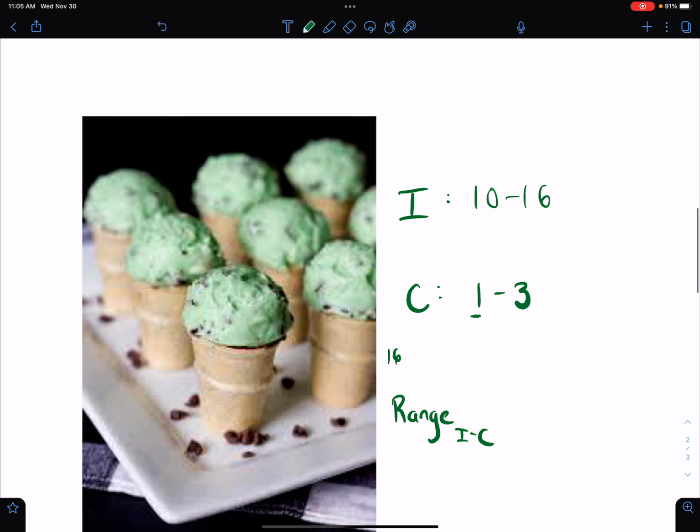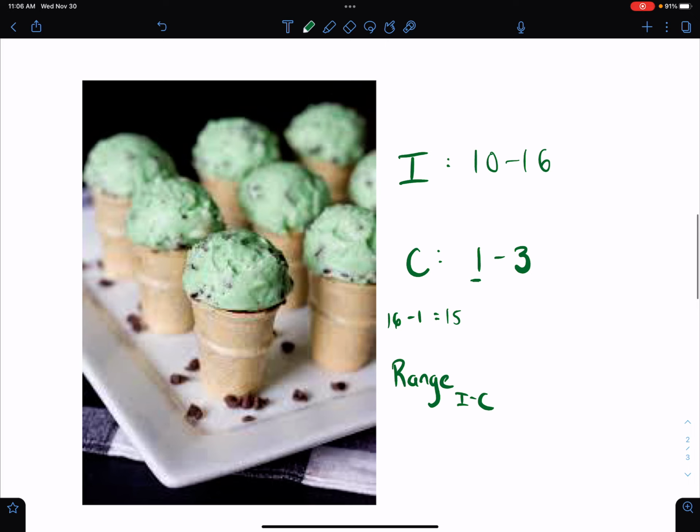So the highest in the range set would be 15. And then the lowest difference we could have would be the lowest I value, which is 10, and the highest cone value, because that's going to give us the lowest difference, minus 3, would be 7. So our range, if we were subtracting the two random variables, the ice cream weight and the cone weight, would be 15 to 7, or 8.